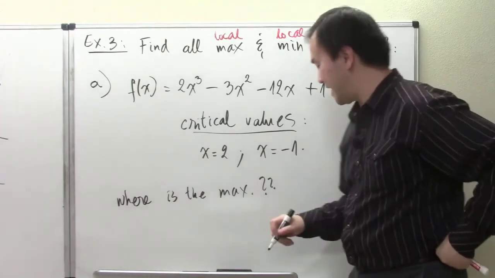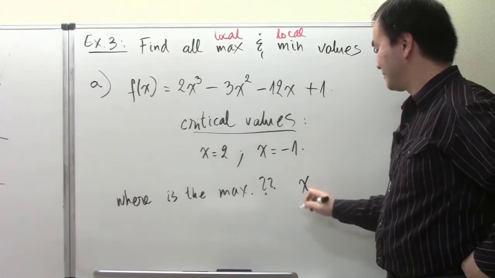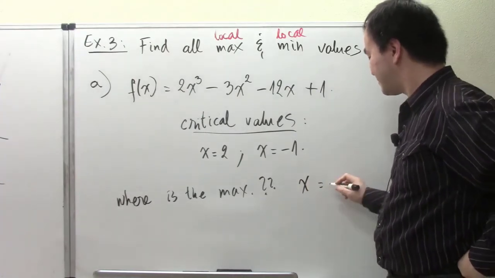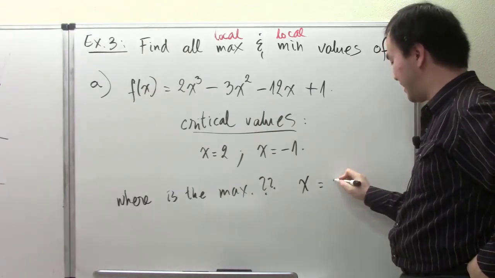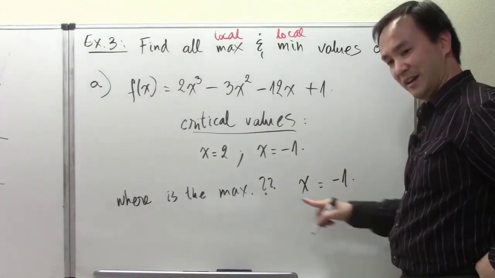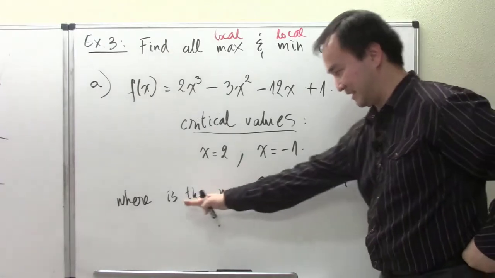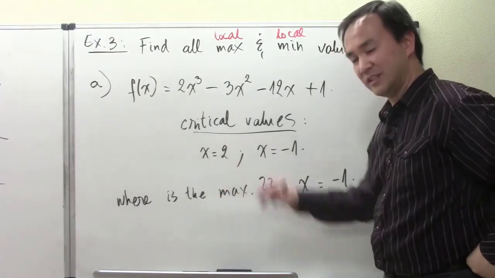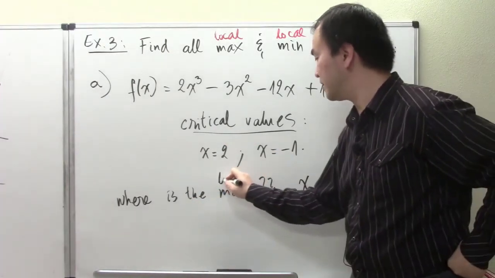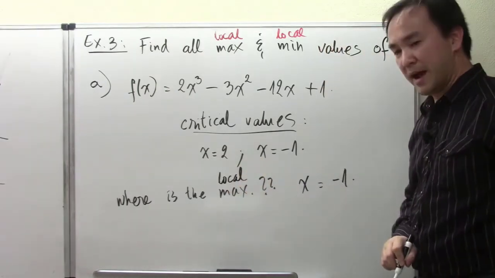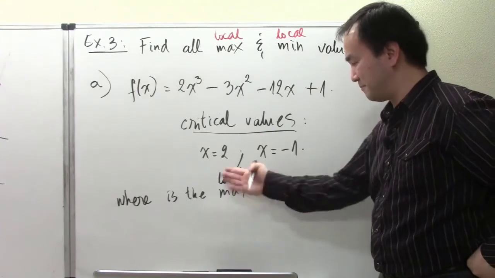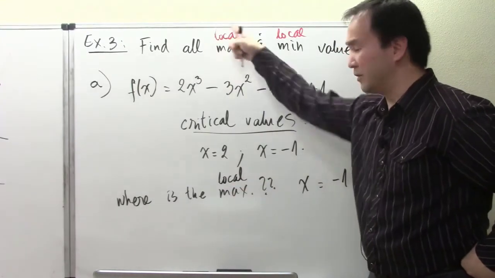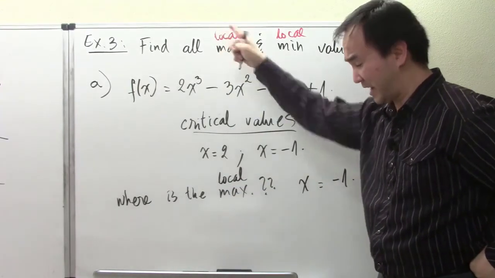Here we're saying it's at x equals -1, as the sign chart was indicating for us. That's only where we can get our function to a local maximum. I should have written where is the local maximum. And that's only one half of the answer for the local maximum.